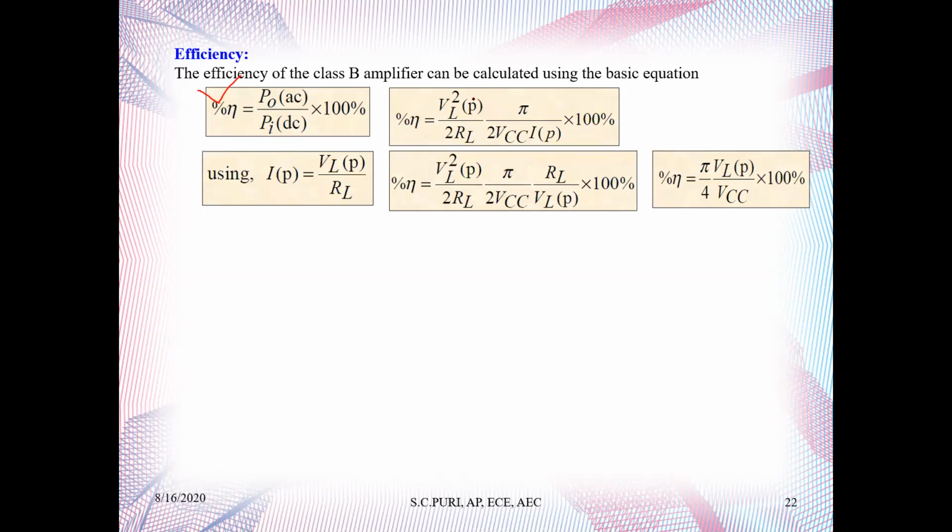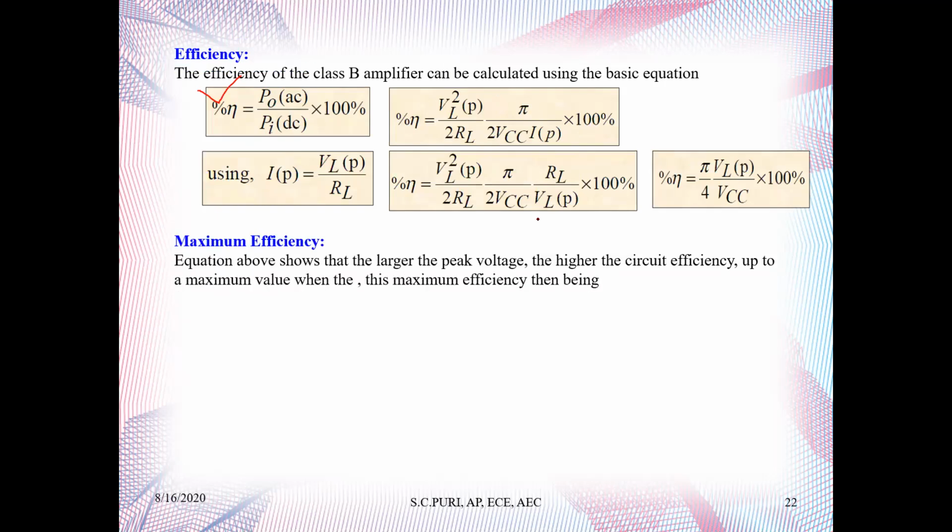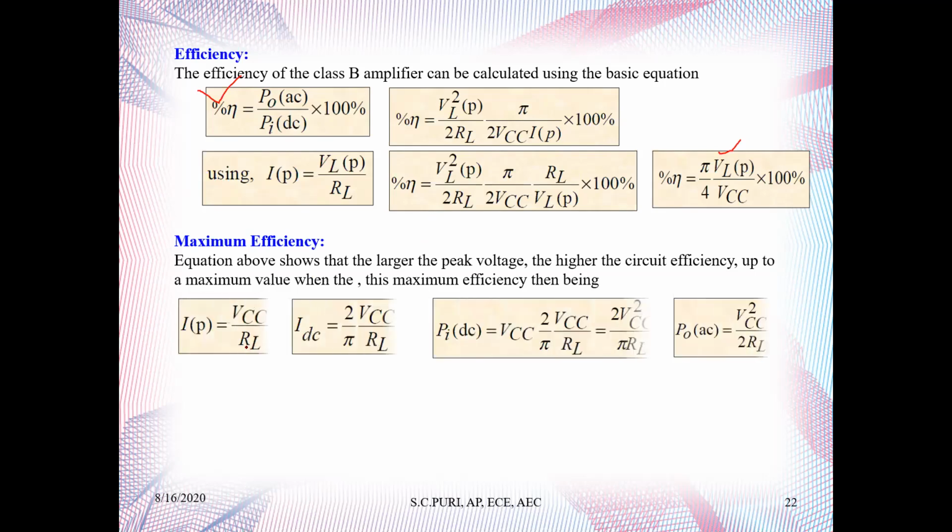We will equate all this and eventually get the maximum efficiency. The equation above shows that the larger the peak value, the higher the circuit efficiency, because it depends on VLP.